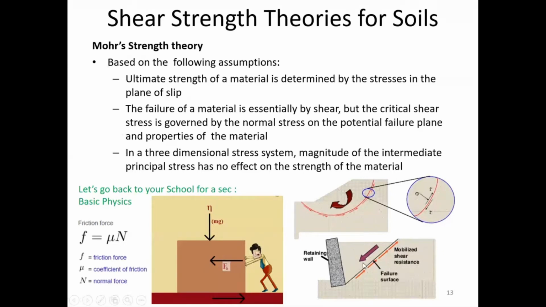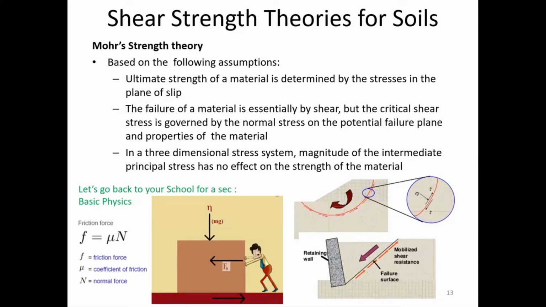Why? Because the particles can interlock better if you apply more normal stress, isn't it? Can you visualize a few soil particles? Try to visualize a few soil particles loosely packed, and you're trying to roll those particles over each other. It's very easy, isn't it? But now imagine there is some normal force acting on those particles. So what will happen? The particles will come together, interlock better, more surface on which the friction is mobilized. Now if you try to roll the particles over each other, you have to apply more force to overcome the friction developed, isn't it?